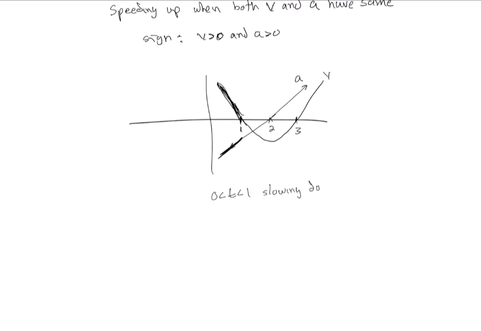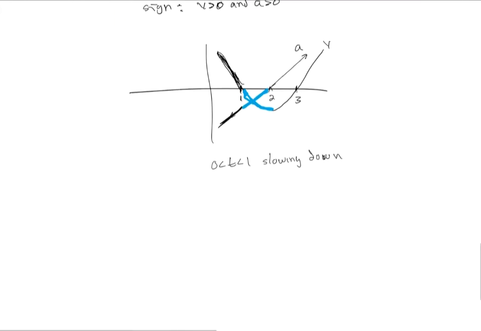Now I'm going to pick a different color here. We can see from 1 to 2 the velocity is now negative and the acceleration is negative, so they have the same sign there. So from 1 to 2 we're going to be speeding up. The particle is speeding up there. I'm going to change color one more time. From 2 to 3, the velocity is negative, but the acceleration is positive.